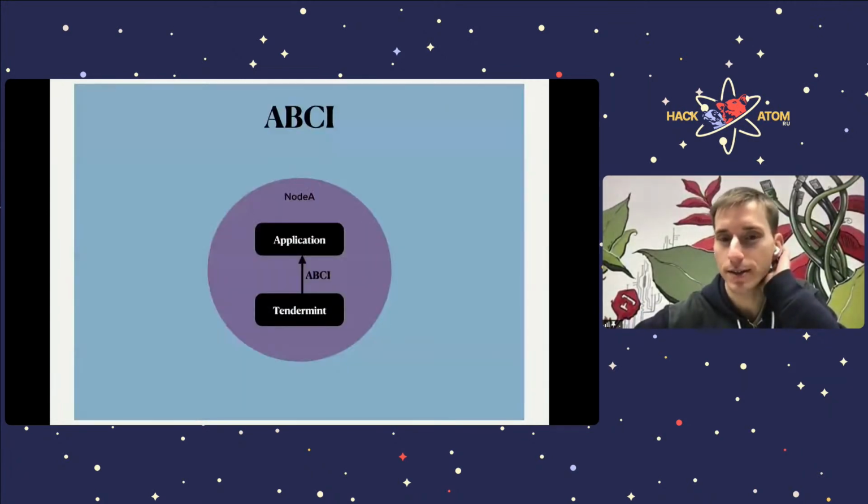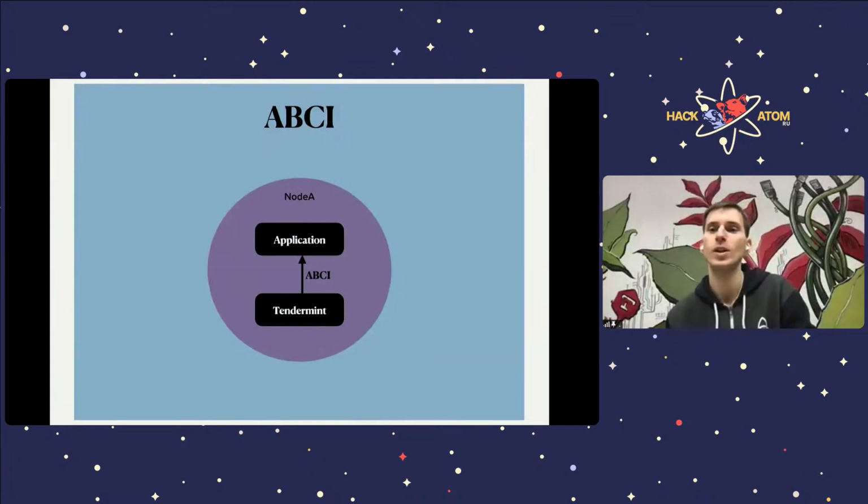Now, ABCI. When nodes agree on the block, they don't really care about what's inside the block. The contents of the transactions are completely transparent.